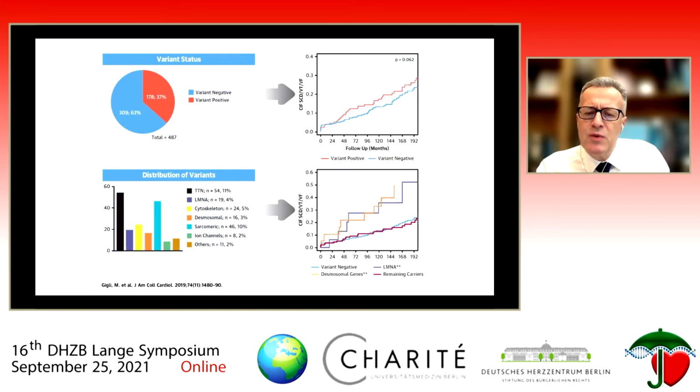You can see much higher rates of sudden death in patients who carry mutations, for example, in lamin or desmosomal genes such as desmoplakin, and also other genes such as filamin C. So here, genotype is increasingly a critical part of our risk stratification algorithm for dilated cardiomyopathy.